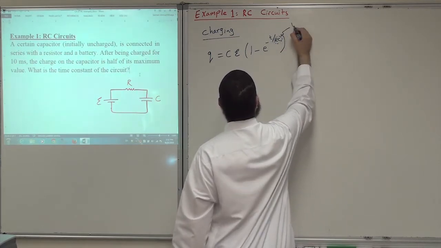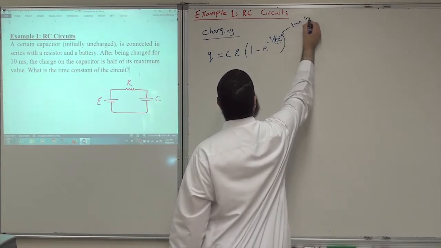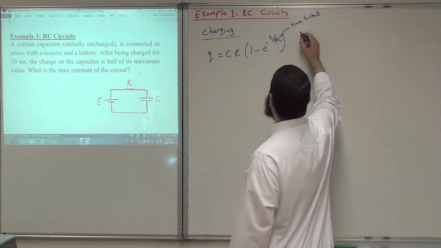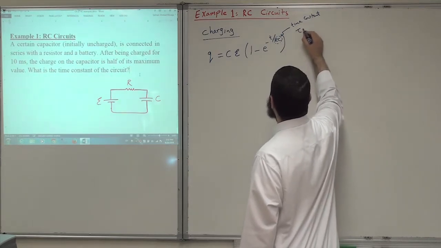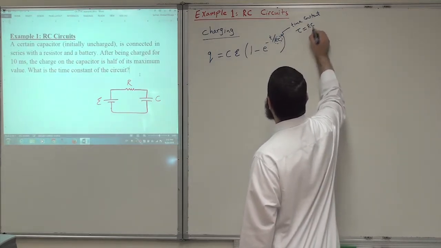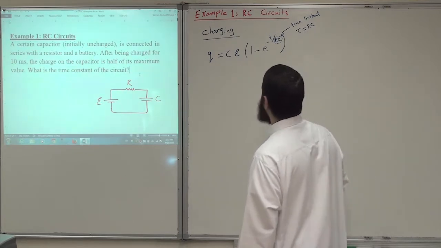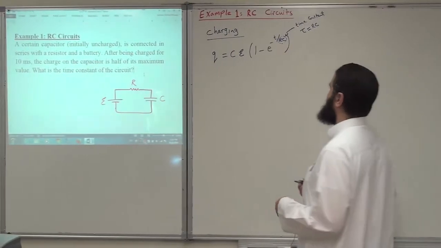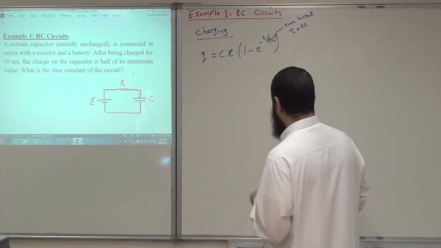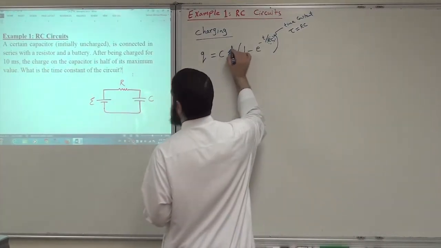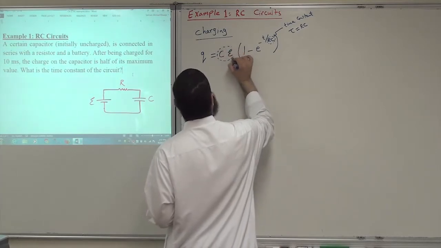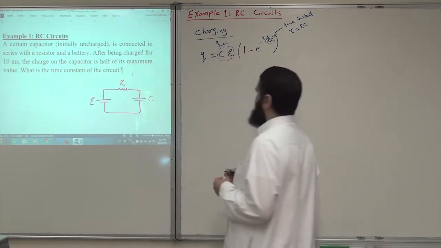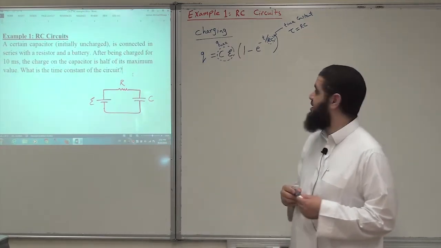This is what we call the time constant. It has the symbol tau, and it is equal to RC. Tau equals RC, and it is given in units of second. It has the same unit as the time. And this CE is Q max, the maximum charge the capacitor can have.